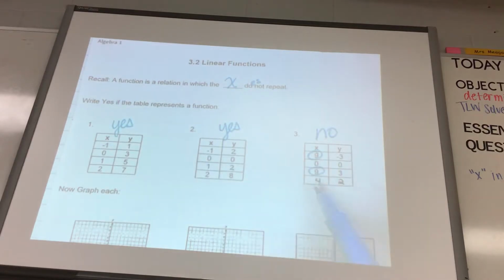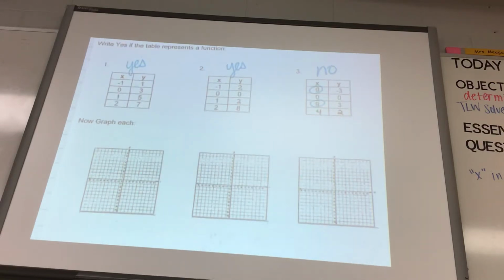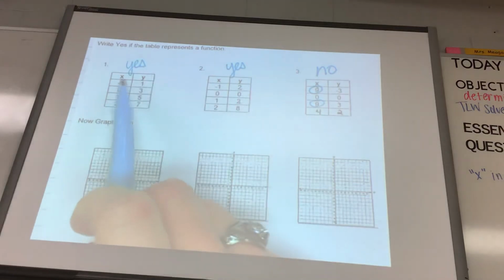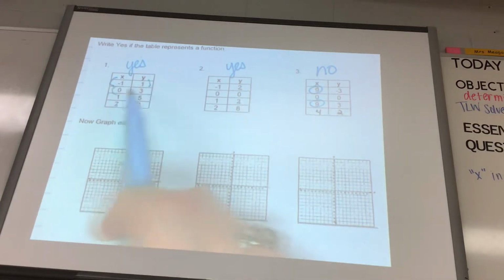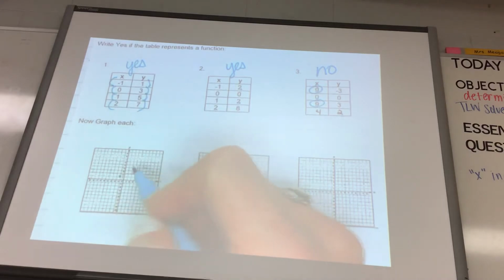Okay, so now we're going to take a little time and graph each. If you want to pause it here and graph at your own pace, totally fine. All I'm doing is taking these coordinates: -1 and 1, putting a dot. 0, 3, putting a dot. 1 and 5.